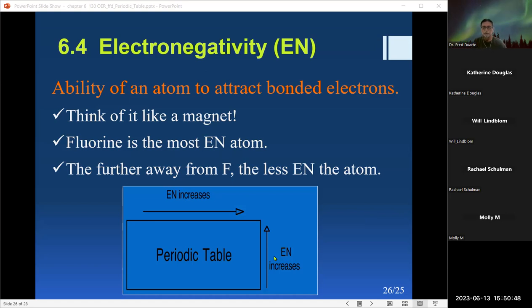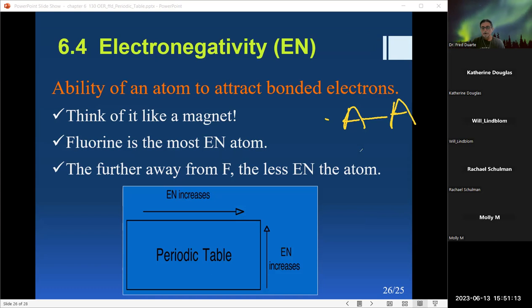One way to denote that, let me change the color here, is I'm going to write an arbitrary A, and then this line represents electrons that are being bonded between two atoms of A and A.